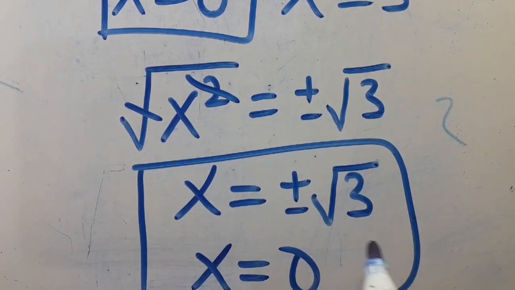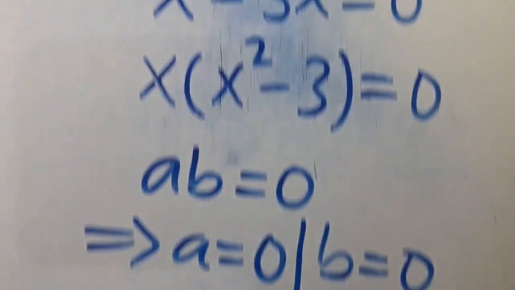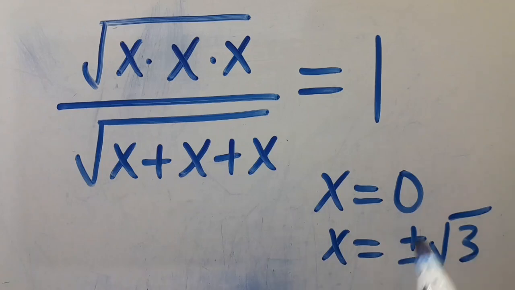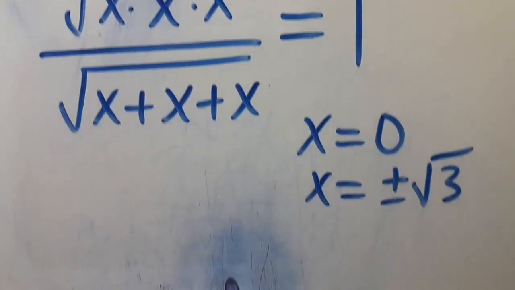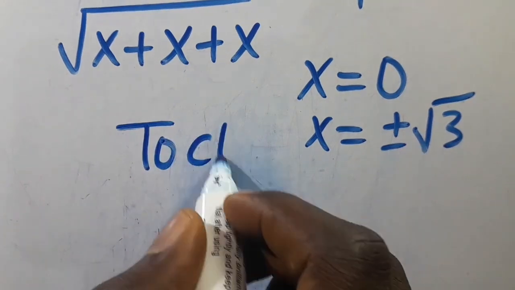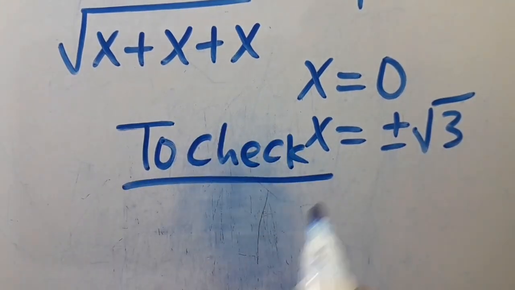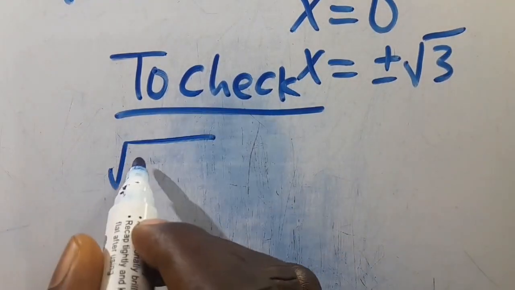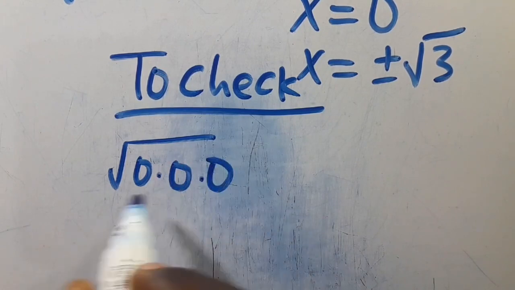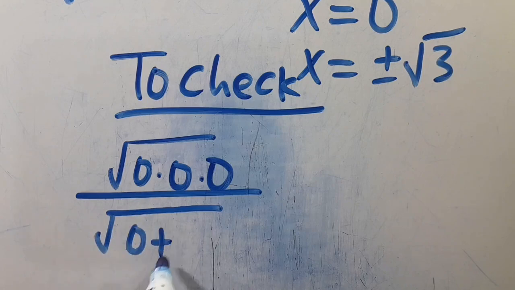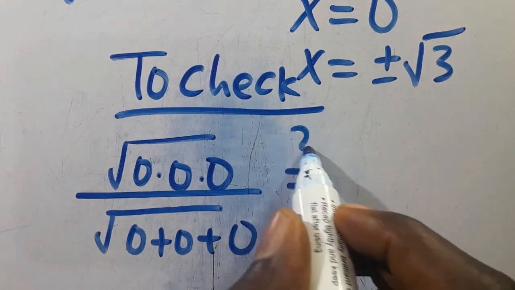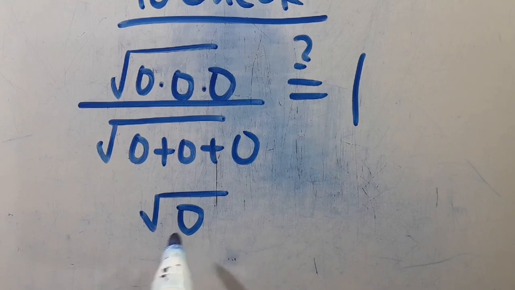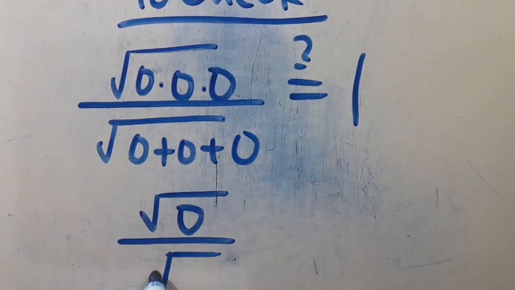Then let us check for these. So this is all we have for the value of x. For x equals 0, what we are going to have first will be root of 0 times 0 times 0 divided by root of 0 plus 0 plus 0. 0 times 0 times 0 gives us 0, so we have root of 0 on top, and the bottom is also root of 0.